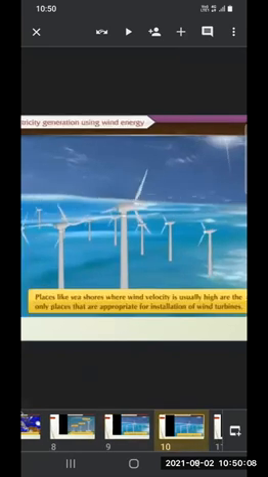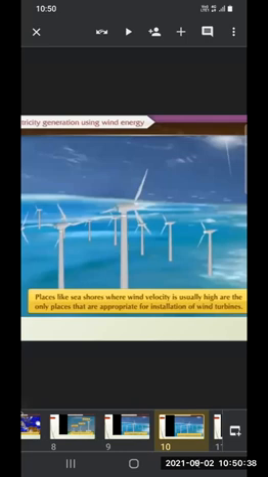Places like the seashore, where wind velocity is usually high and the wind is continuous, are the only places that are appropriate for installation of wind turbines.